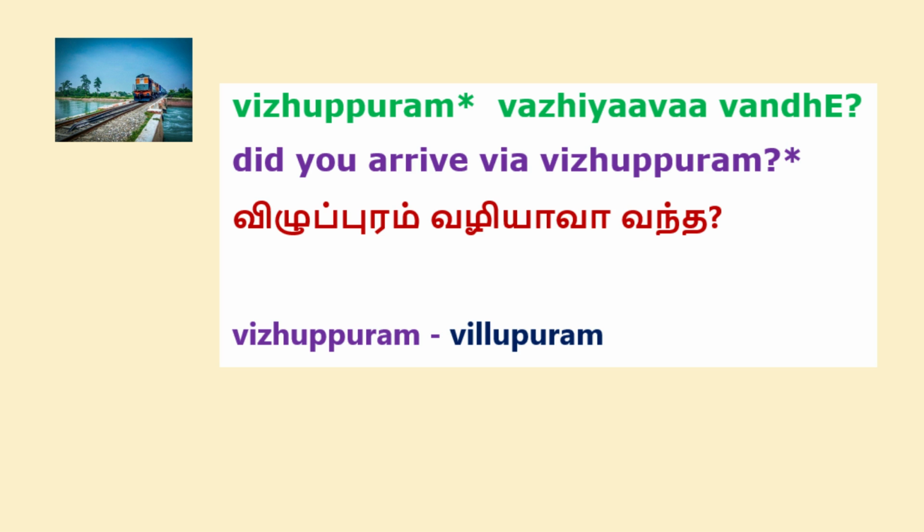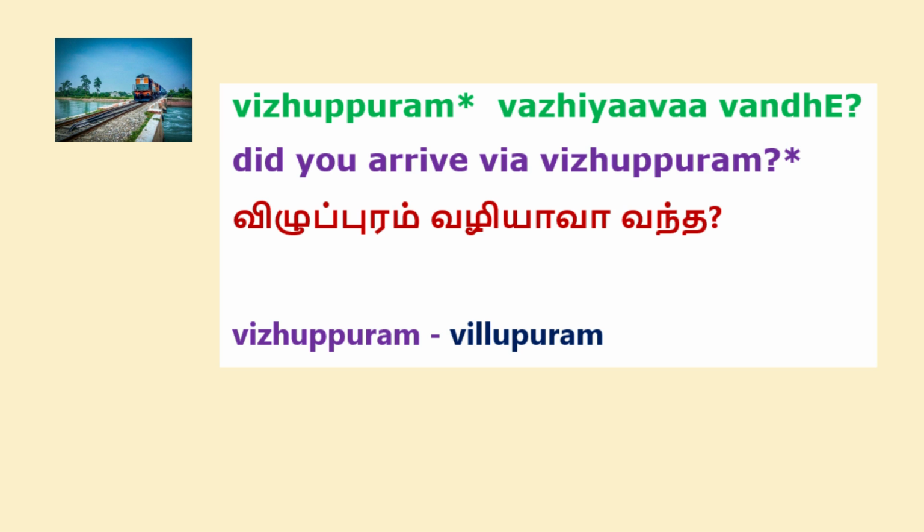Did you arrive via விழுப்புரம்? விழுப்புரம் வழியாவ வந்த? விழுப்புரம் is the name of a small town in Tamil Nadu. An interesting fact is that universally it's very difficult for non-Tamilians to pronounce it.